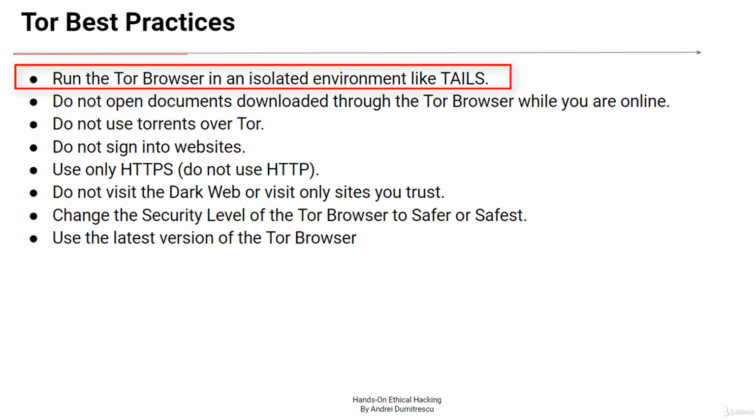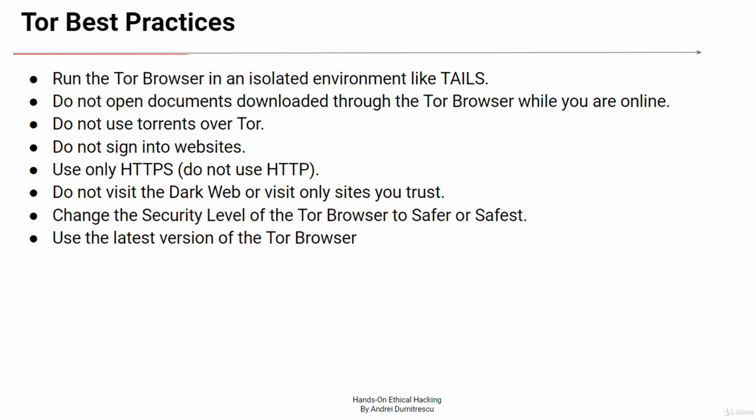Just imagine that using Tor, you download a document that contains a link you'll click on. That link will be opened with your default browser, which is not Tor, and your real identity will be exposed. Or a document could embed a script that automatically accesses a server and you are exposed.